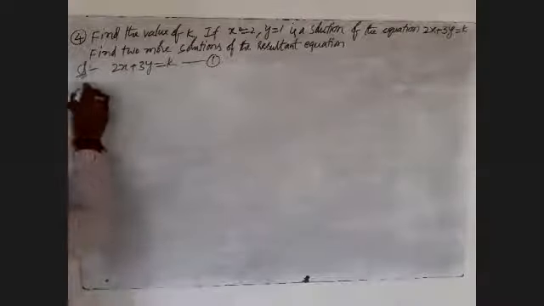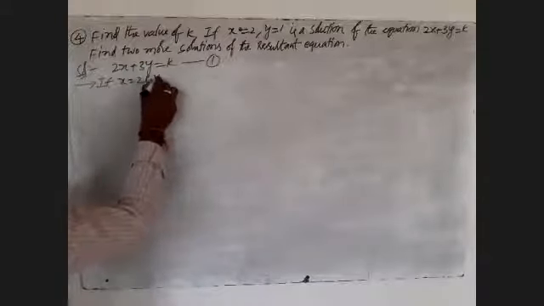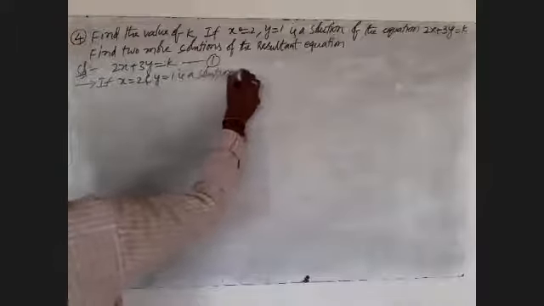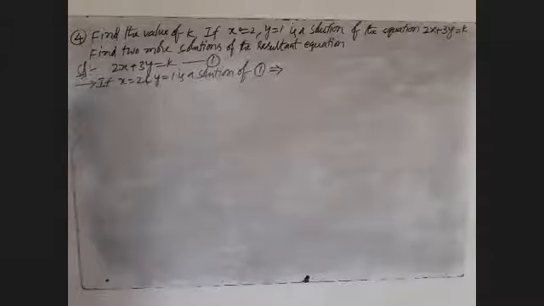If x is equal to 2 and y is equal to 1 is a solution of equation 1, then I will substitute x with 2, y with 1 in this given equation.